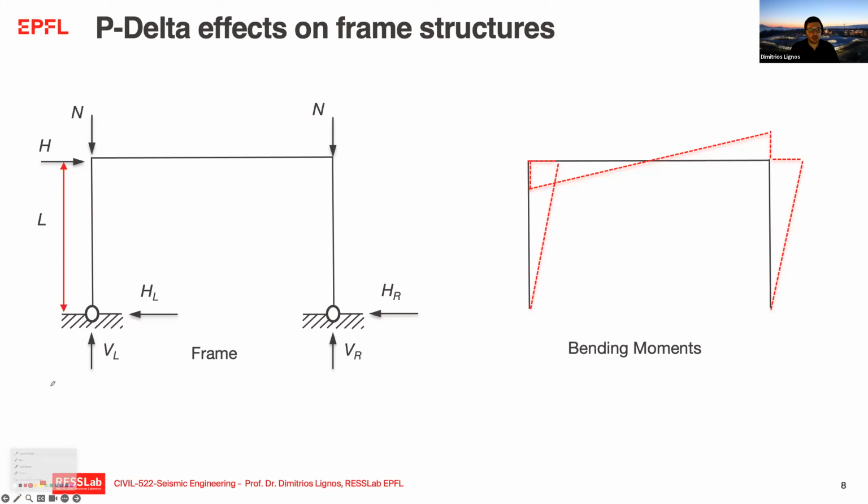Now, this is the moment that I will get from first order analysis, which is essentially the same type of statics you did during your first year, or the statics 2 you did during your second year, to deduce the member forces on frame structures.